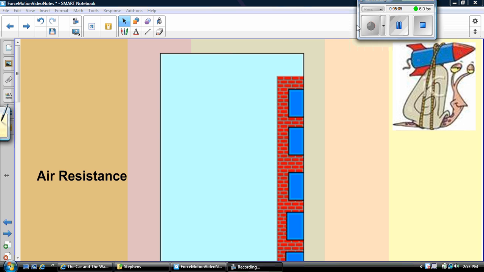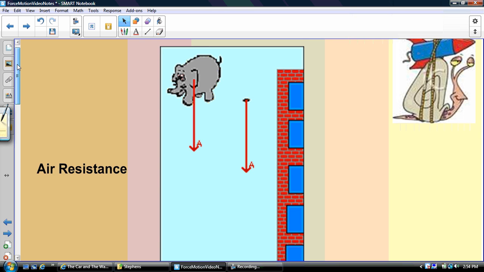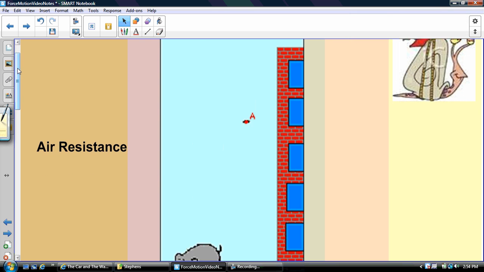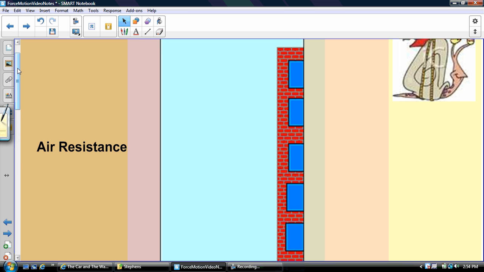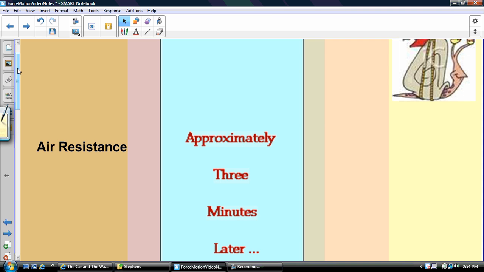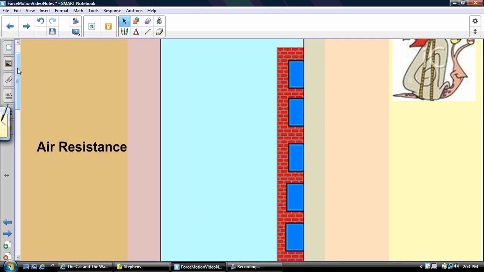Okay, the last thing I wanted to show you is air resistance. So remember we talked about air resistance has to do with surface area. So the more mass that's located on the surface, the more surface area. If you take the example of the elephant and object A, which could be a penny or something small, it has more of its mass located on the surface than the elephant.